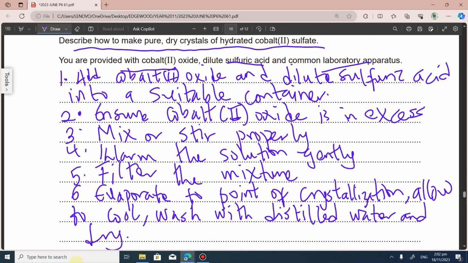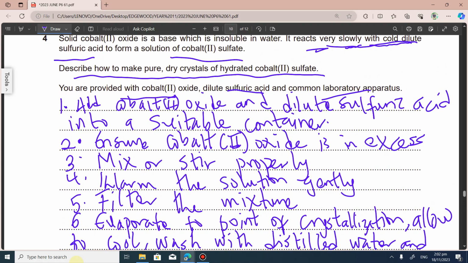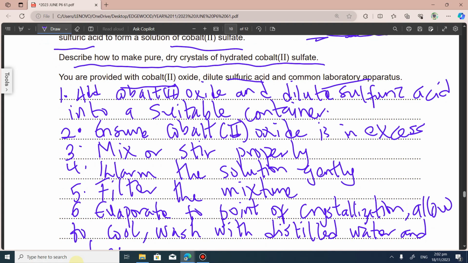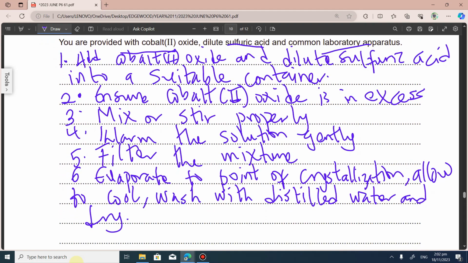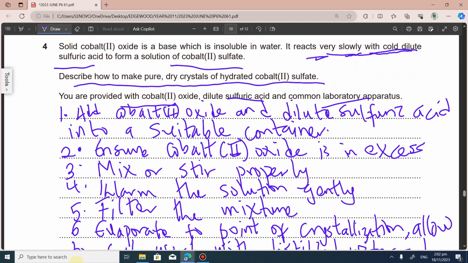So we were very careful this time to ensure that we use all the information we are given to get all the marks. The first is to add the cobalt 2 oxide and dilute sulfuric acid into a suitable container. Then you should ensure that the cobalt 2 oxide is added in excess to make sure all the acid has been used up.